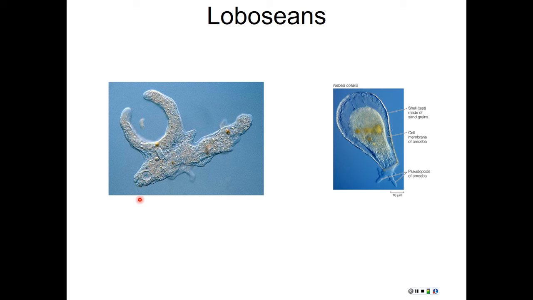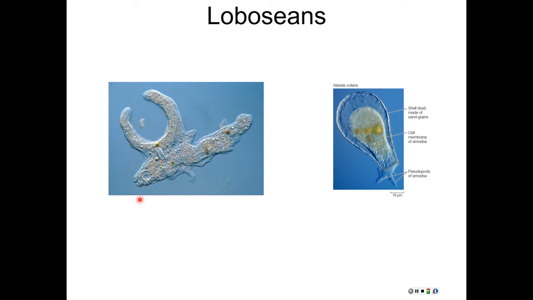They have what we call a lobe, or sometimes a tube-shaped pseudopodia, that helps it both move and feed as well. These things are all over the place. We find them in moist soils, in fresh water, and in marine environments.